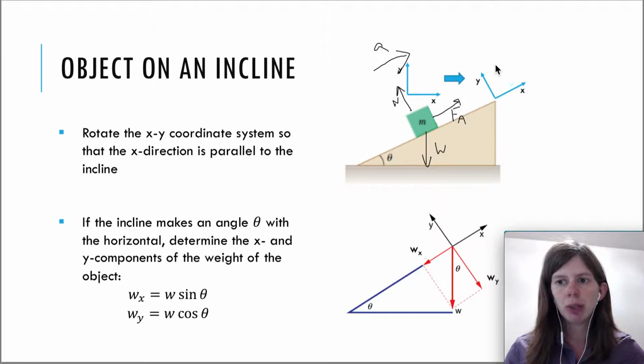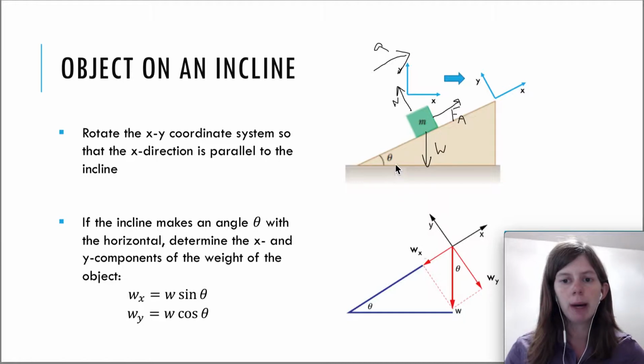But now with the rotated coordinate system, the acceleration is all in the x direction, and so is FA. The normal force is all in the y direction, and we only have to find the components of the weight. Now, I'm not saying that that's the only force we'll ever have to find components of, but rotating the system really makes it easier to deal with the whole problem.